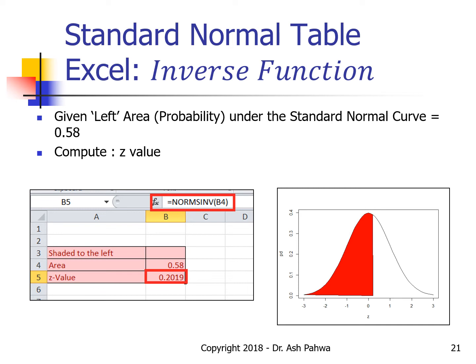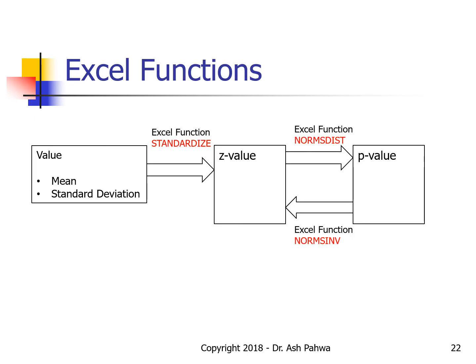Excel provides useful tools by which we can compute these numbers. Here is a summary of the Excel functions that I have been explaining in the last few slides. If you are given the value and you know the mean and the standard deviation, you can use the Excel function called STANDARDIZE and you are going to get the z value.